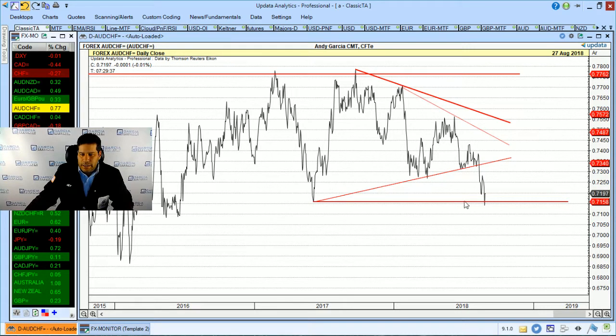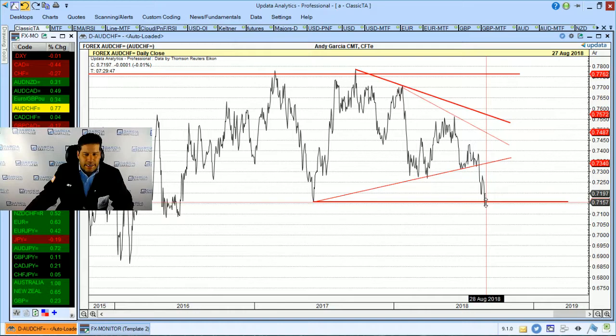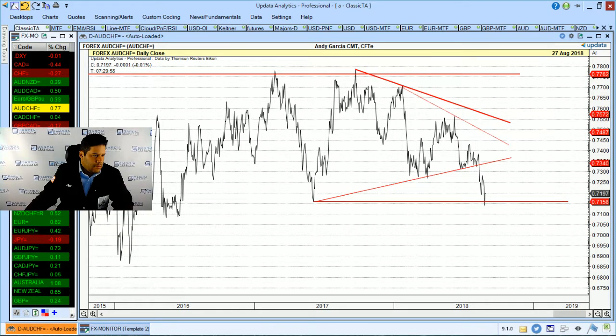So anyways, I think right now I'm looking at testing the long side here to see if this market could stay above this 72 or the 71 half level. I think that time will tell.